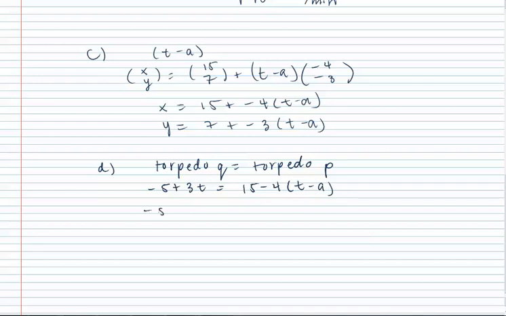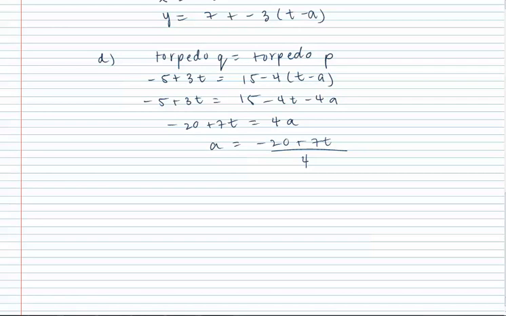Then you take -20 plus 7t is equal to 4a, and you rearrange, and finally you get a is equal to (-20 + 7t) over 4. That's the first part.